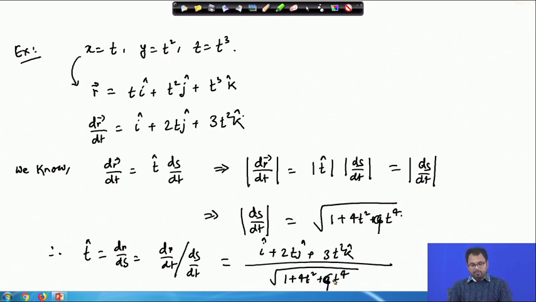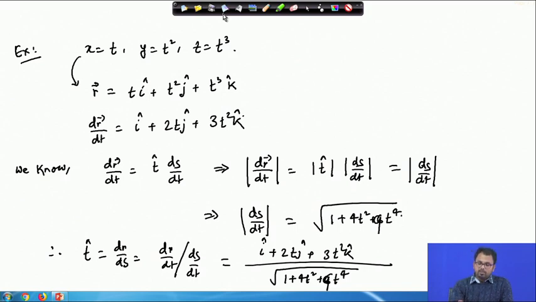But in case you didn't have t, and you had arc length s, as x equals some s, y equals some s to the power 3 or something, that means the given equation is in terms of the arc length, and then we would have to use a different formula to calculate that unit tangent vector.